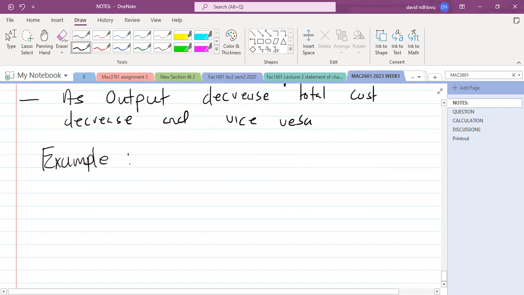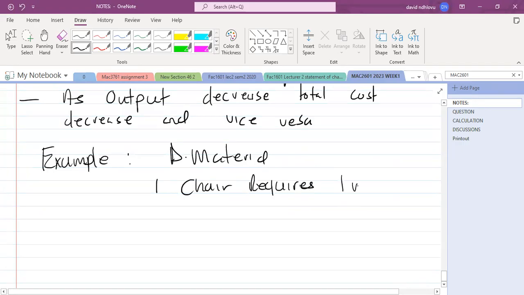Let's give an example of direct material. We are producing chairs. We are saying one chair requires 1 meter of wood, and 1 meter costs R1.